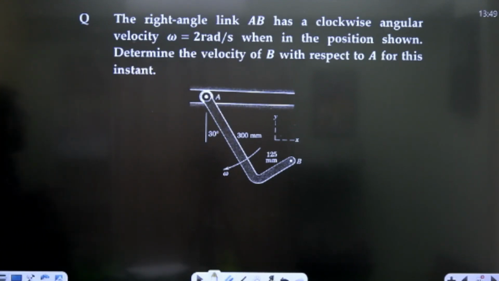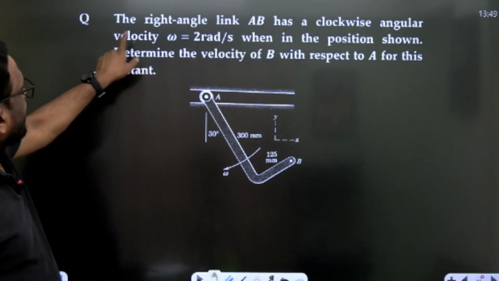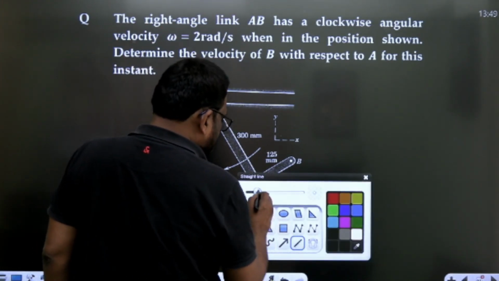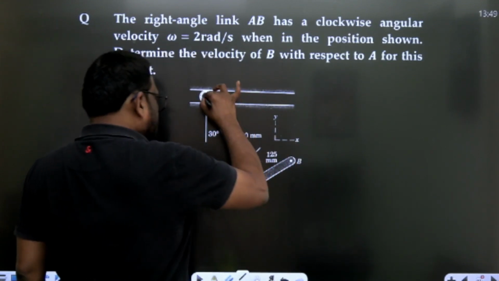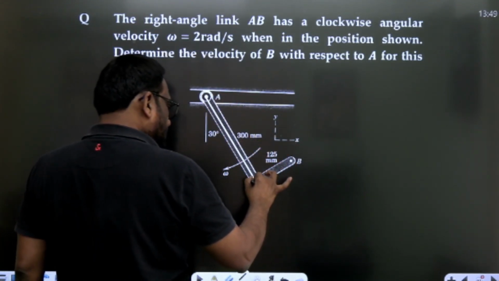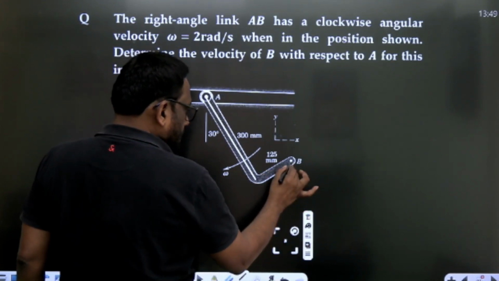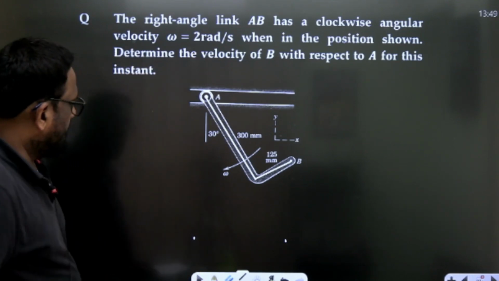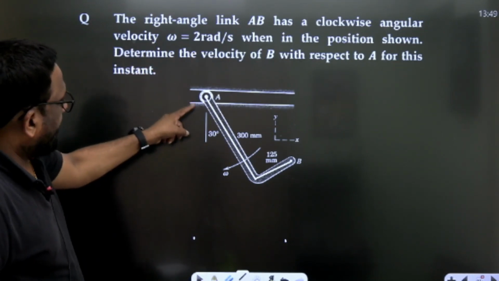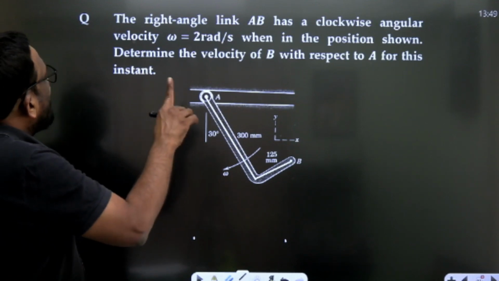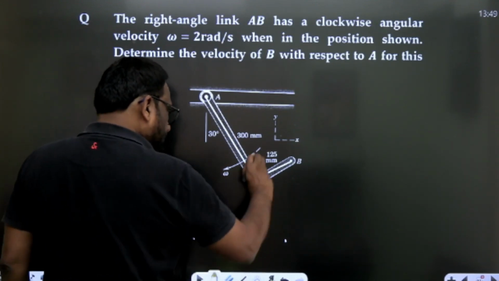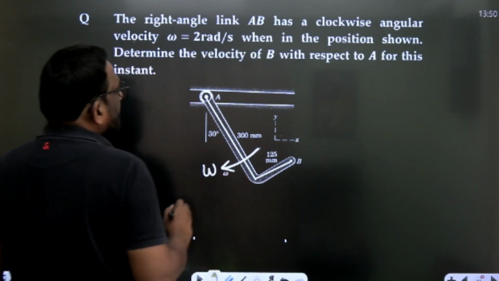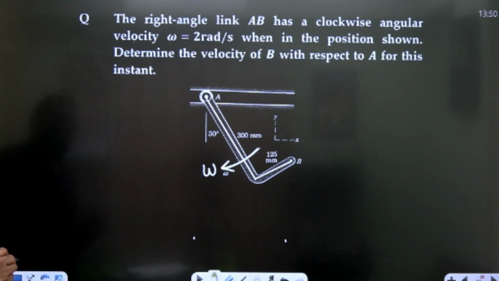Take this question. The right angle link, observe carefully. This is a right angle link. A right angle link AB has a clockwise angular velocity of 2 radian per second.